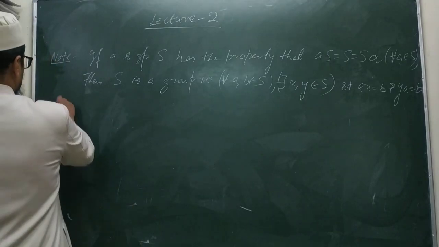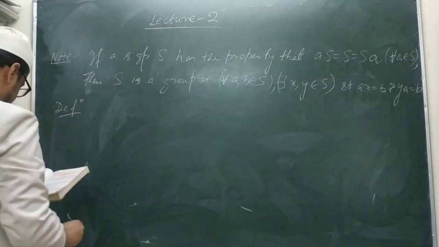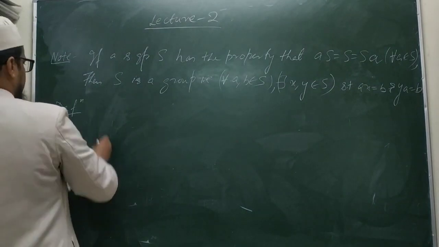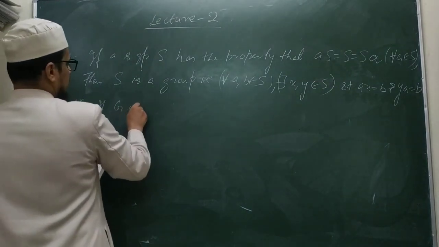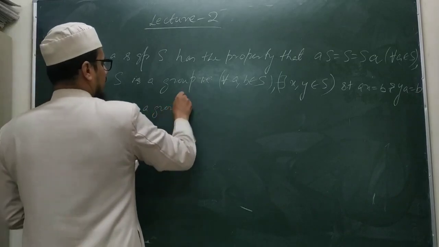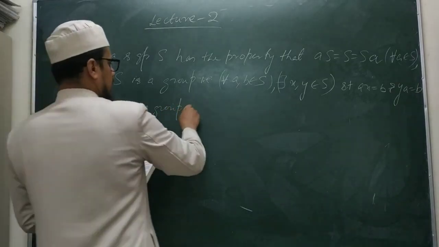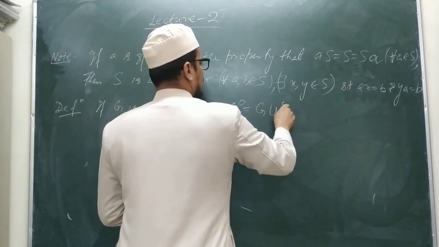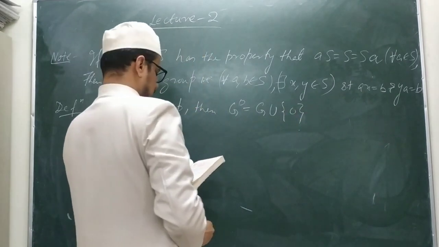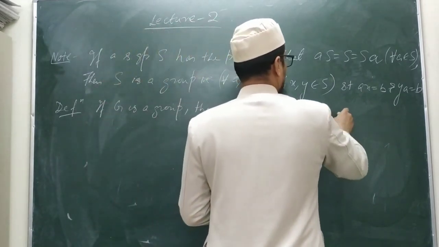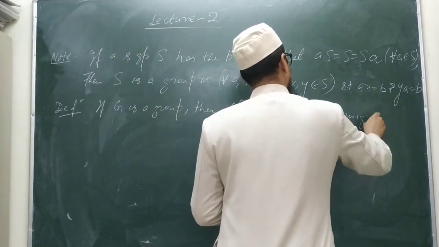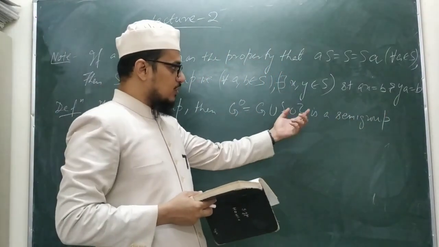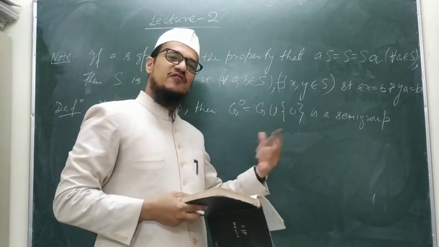Now the definition. If G is a group, then G union 0 is a semigroup, and of course it is a semigroup with 0.